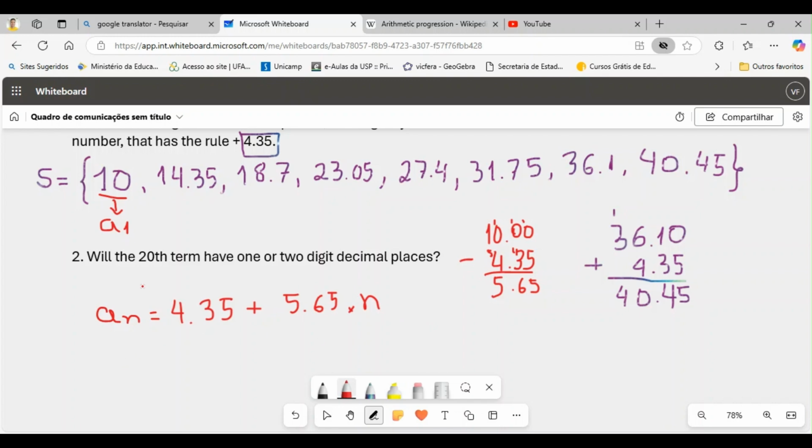So if I calculate the 20th, it would be a20 equals, and I'm going to plug the number 20 into this n. So I'm going to replace the n by the number 20, and then I'm going to calculate it, right? So here we have 5.65 times 20.